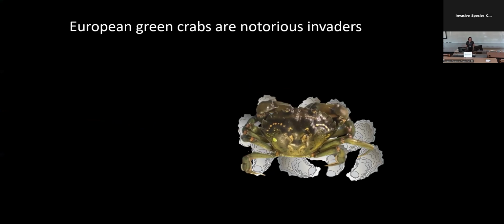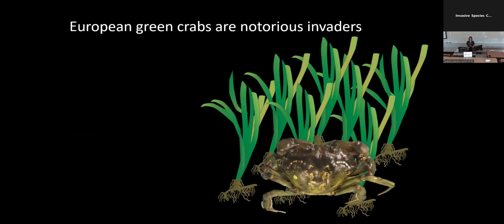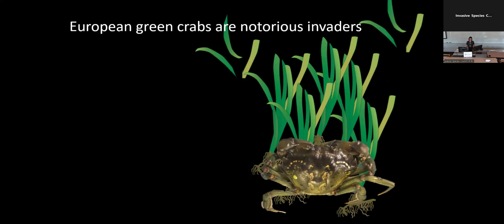This has made them a real problem for aquaculture, both on the east and west coast of North America. And further, while they forage for these prey species, they're also tearing up eelgrass, which has really negative consequences for all sorts of really important species that rely on eelgrass habitat as their nursery grounds, including commercially important species like salmon and Dungeness crabs.